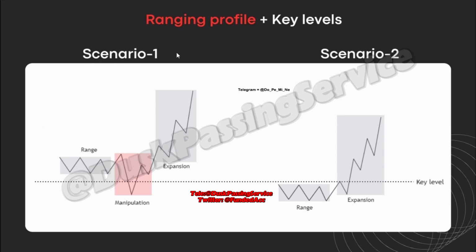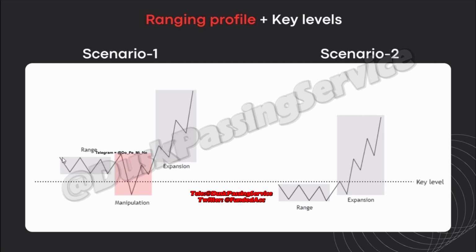There are only two possible outcomes or scenarios we can have based on this combination of ranging profile and key level. The first one is when price forms a range and the ranging profile ends without testing a key level, right? This key level could be in the form of an order block, a breaker block, or maybe a high and a low, right? That doesn't matter. What matters is the logic behind it.